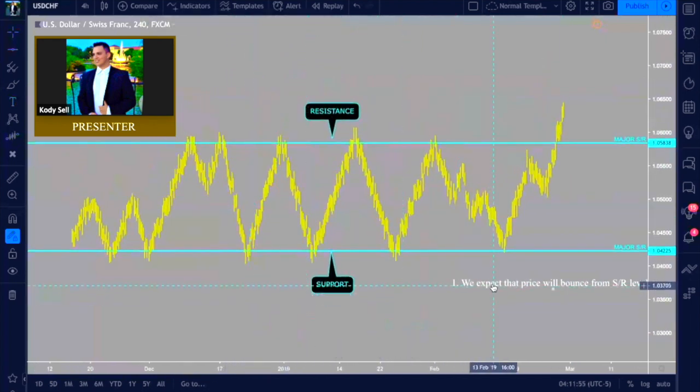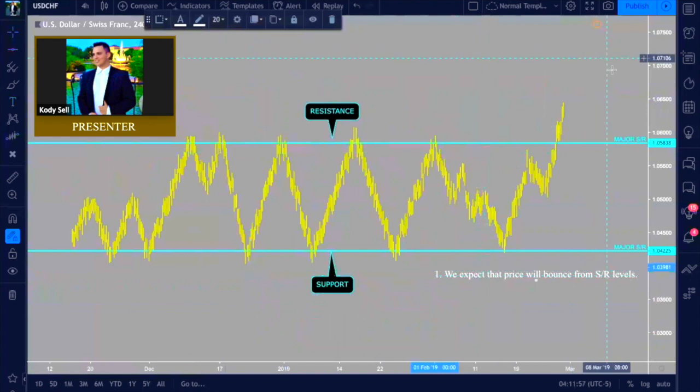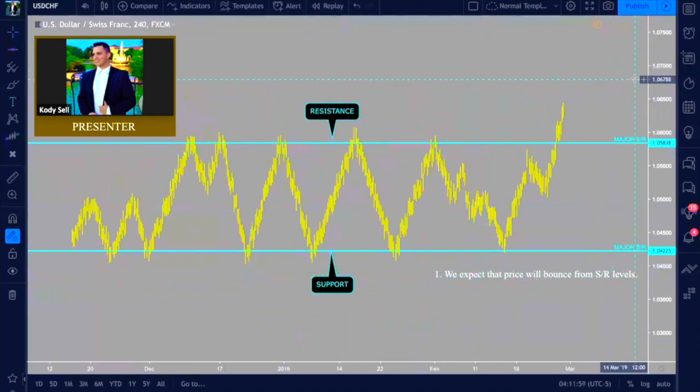And the reason why we want to note this is because this is going to be important when we talk about how to trade these. So the next thing that we want to note is that when price does breach a support or resistance level, what do you expect will happen at that point? You expect that price will come back to that support and resistance level to retest it and then find that it is now its counterpart, support or resistance.